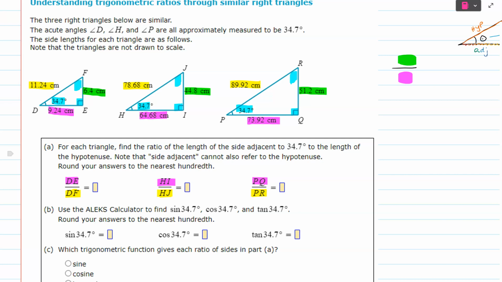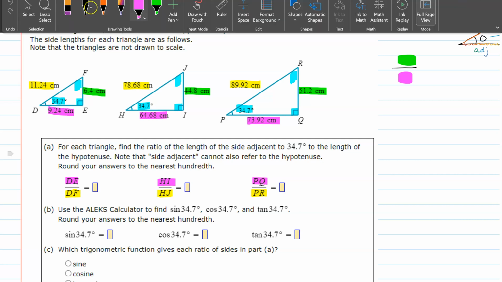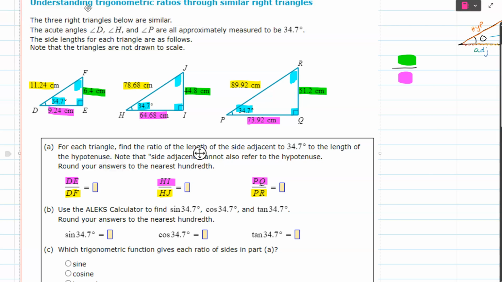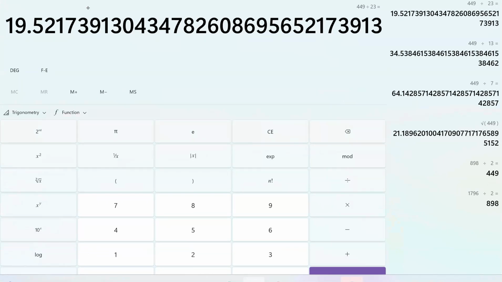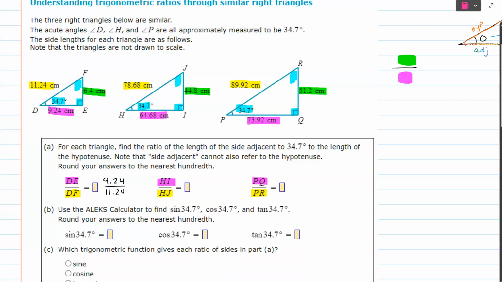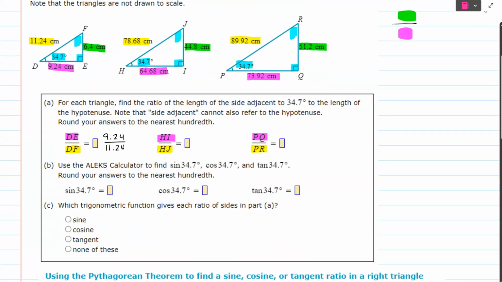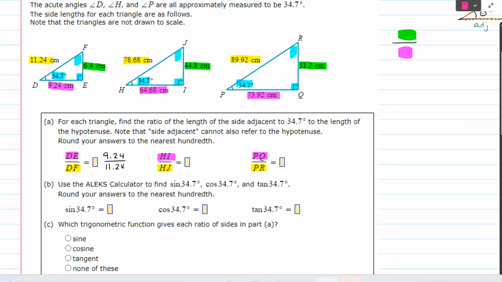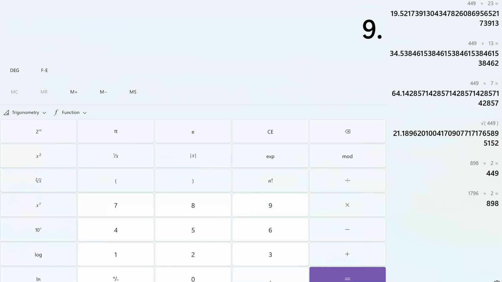So now, let's actually do some math. DE is 9.24 and DF is 11.24. So if I get my calculator out here, 9.24 divided by 11.24.